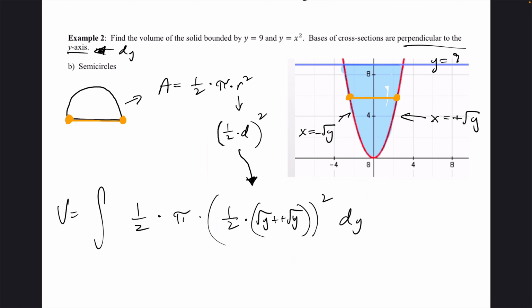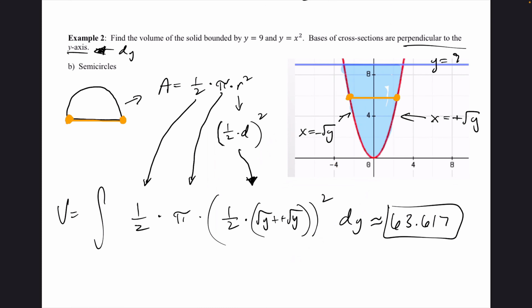So in other words, 2 square root y. So when you crunch these numbers, you get this. Okay. All right, the next one, they give you a picture, so you don't have to draw it.